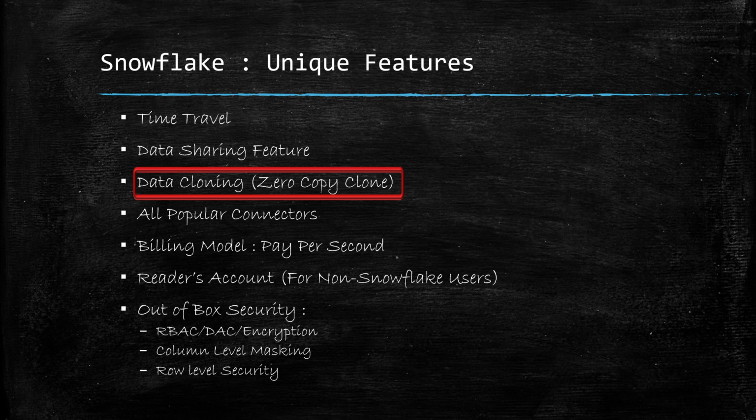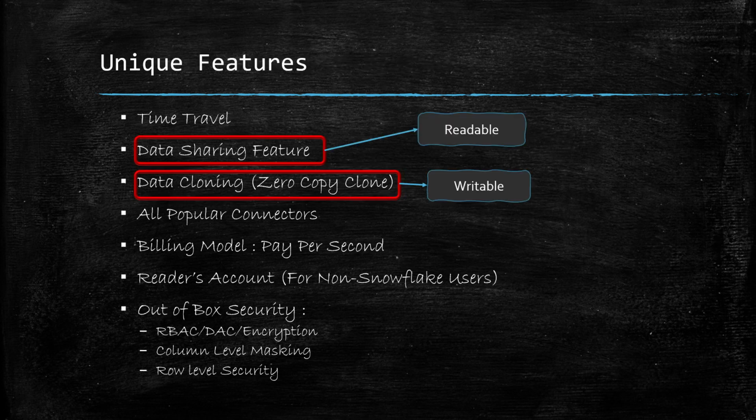You can do any sort of operations on that independent of table A, although table A was the source for table B. But in the data sharing feature, this is not the case, because in data sharing, it's read only. But in data cloning, you end up creating writable data objects.